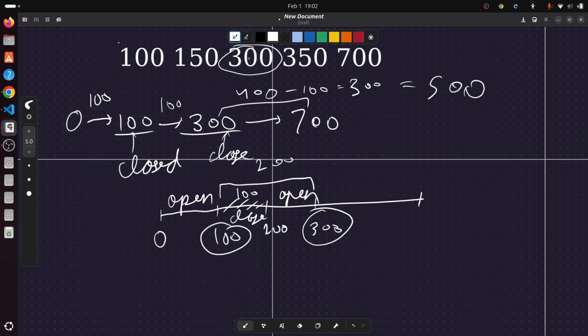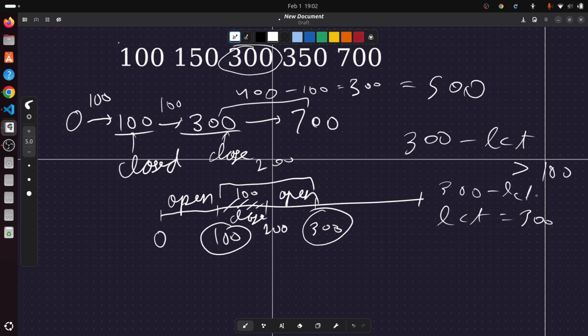Since 300 minus last closing time is greater than 100, our box is open at 300, so we close it again. The last closing time becomes 300. But before that, we add to our answer 300 minus last closing time minus 100, because this is the time frame between the two visits, and for 100 seconds it was closed. So for 300 minus LCT minus 100 it was open, and we add this open time to our answer.